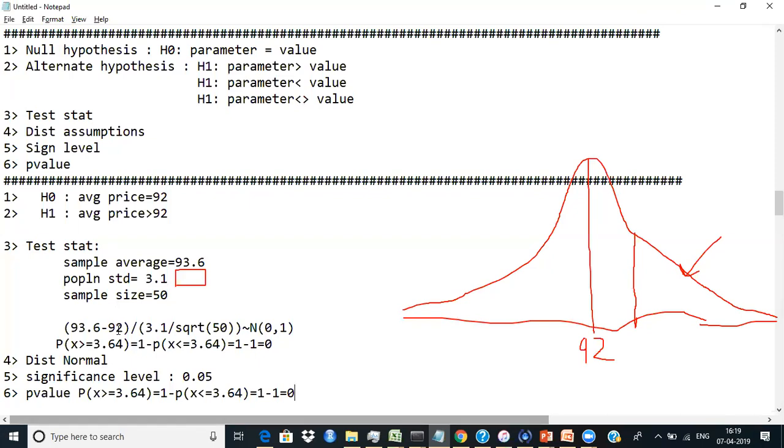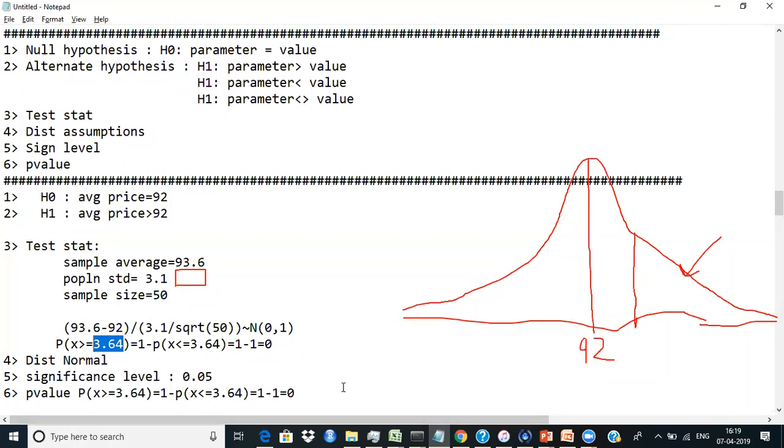That's what we have calculated here, right? We got a test statistic value of 3.64. Remember, we calculated the probability of getting at least 3.64. So p-value is the probability of getting the test statistic at least as high as what you have got. It is the textbook definition of p-value.